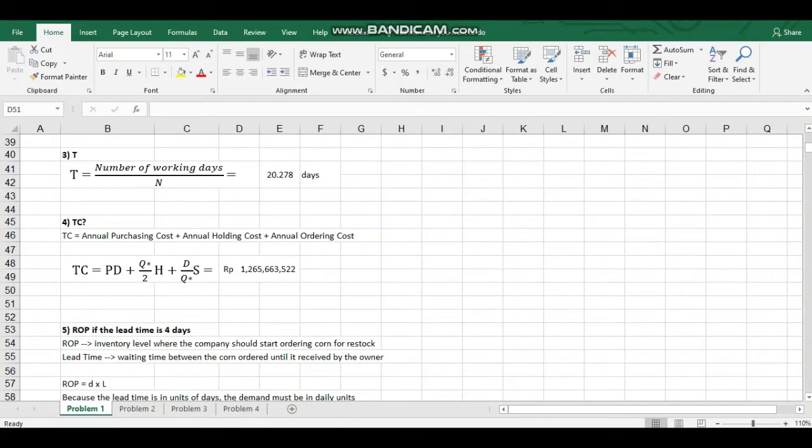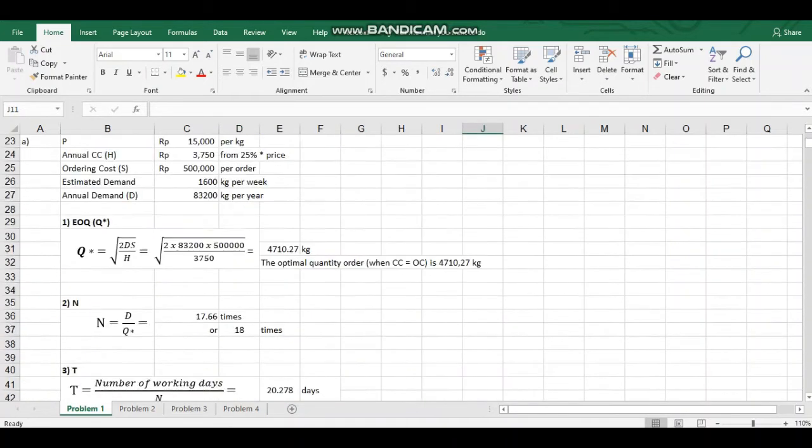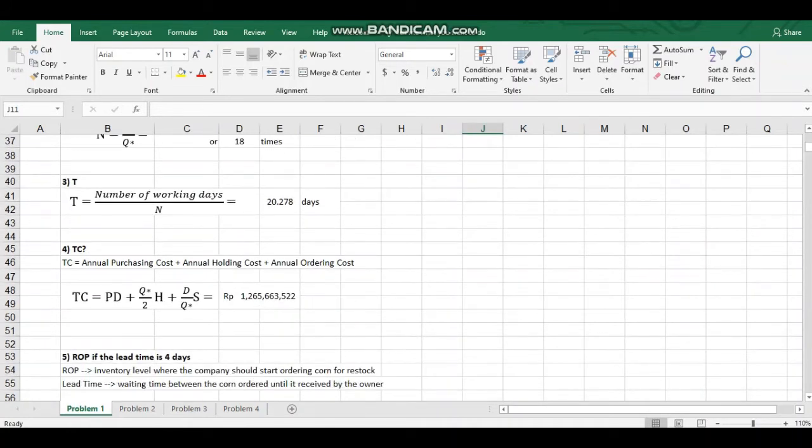Question number 5, they ask if lead time is 4 days, what's the reorder point of the super corn? Okay, so the lead time, or waiting time between when we place an order to the supplier until that corn arrives at our company, that's named lead time.